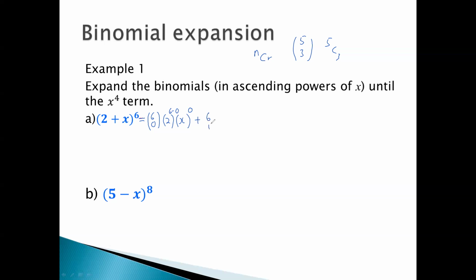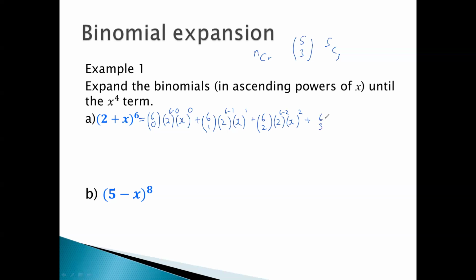Second term is 6 choose 1. First term, second term. The power comes from 1 here, so it comes up here. And this is 6 minus 1, okay? Plus 6 choose 2. First term, second term. 2 and 6 minus 2.